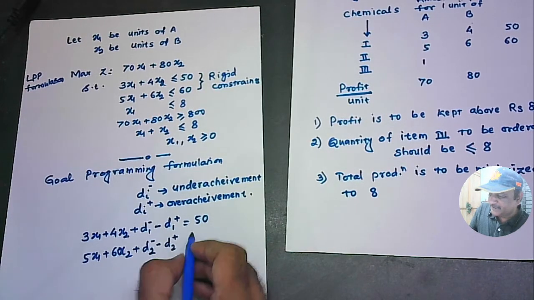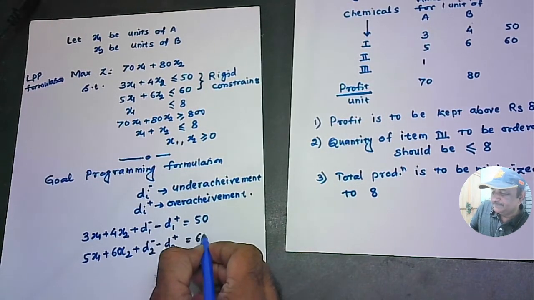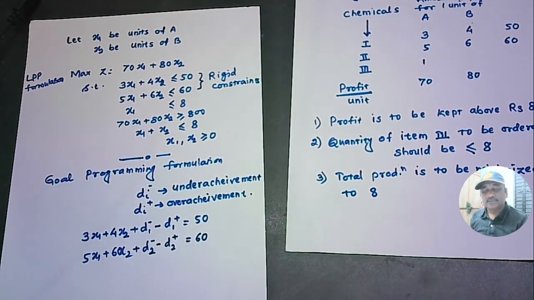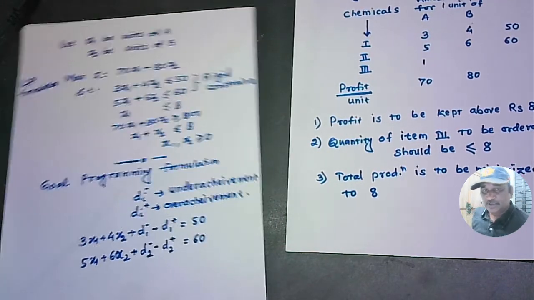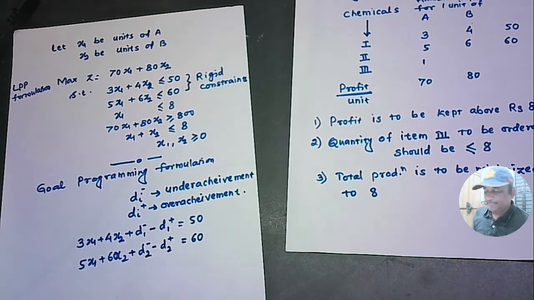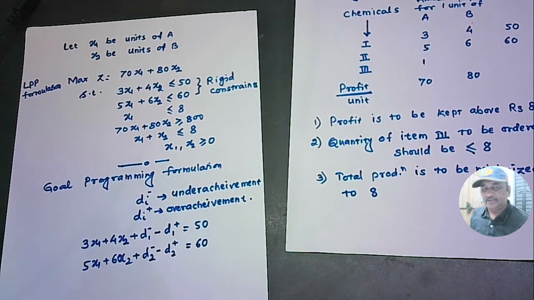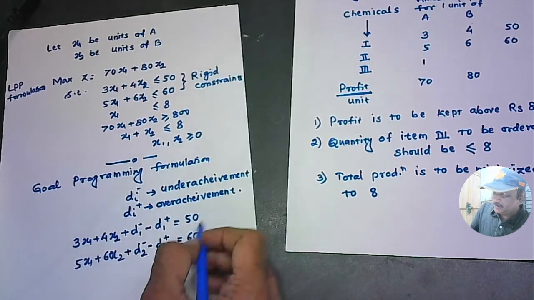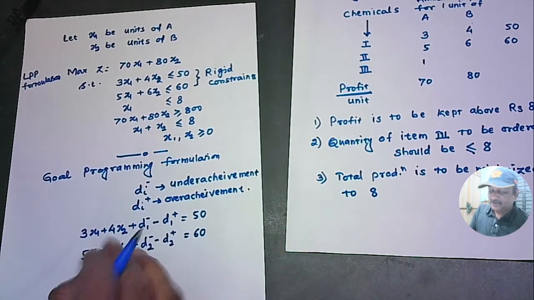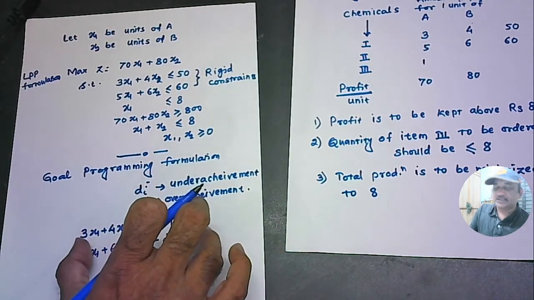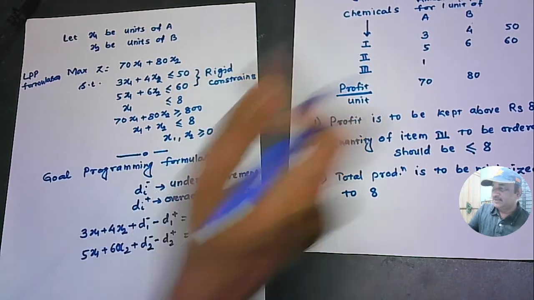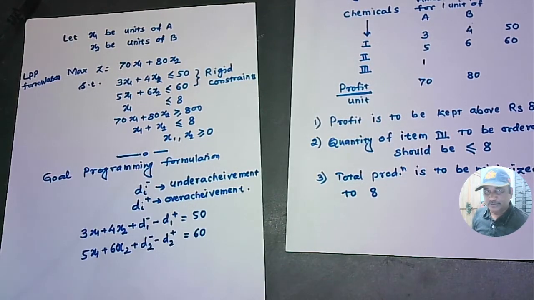This is 60. First we will complete writing all the constraints, and then we will write the objective function. But we have to segregate between the two. This is a rigid constraint, because that was the information given to you in the problem.